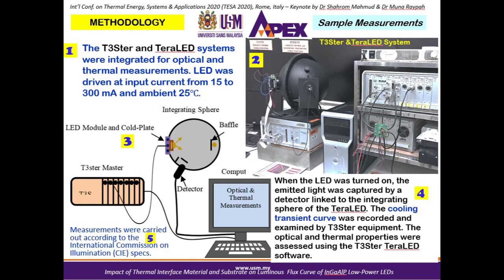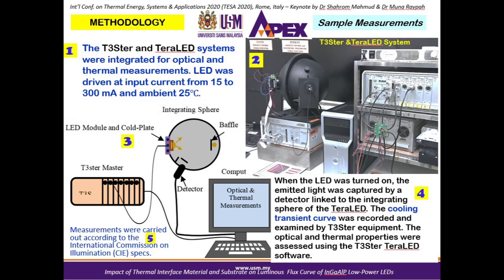We pass current from 50 mA to 300 mA at ambient temperature. The higher the current, the more light the LED produced, and the light is captured by a detector linked to the black dome as shown in the photograph. At the same time, the cooling transient curve was recorded by the T-tester equipment.